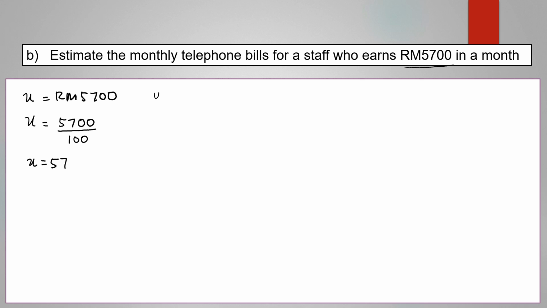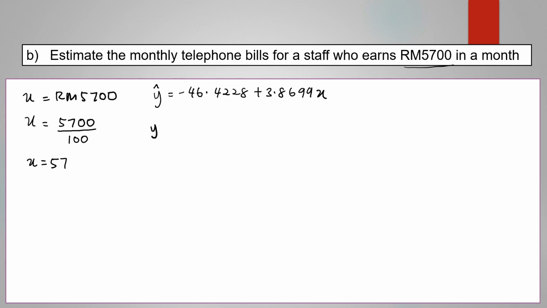Our linear regression line is y hat equals negative 46.4228 plus 3.8699x. What we should do is substitute x equals 57 into our linear regression line.